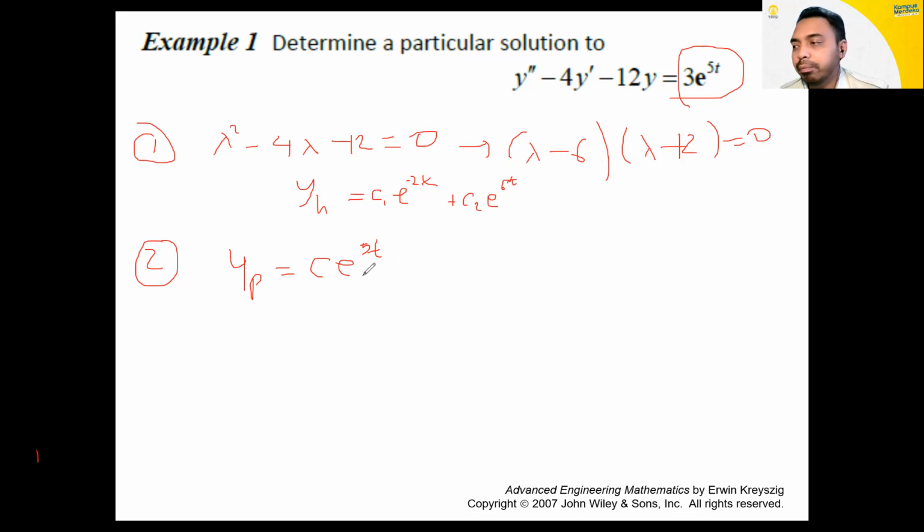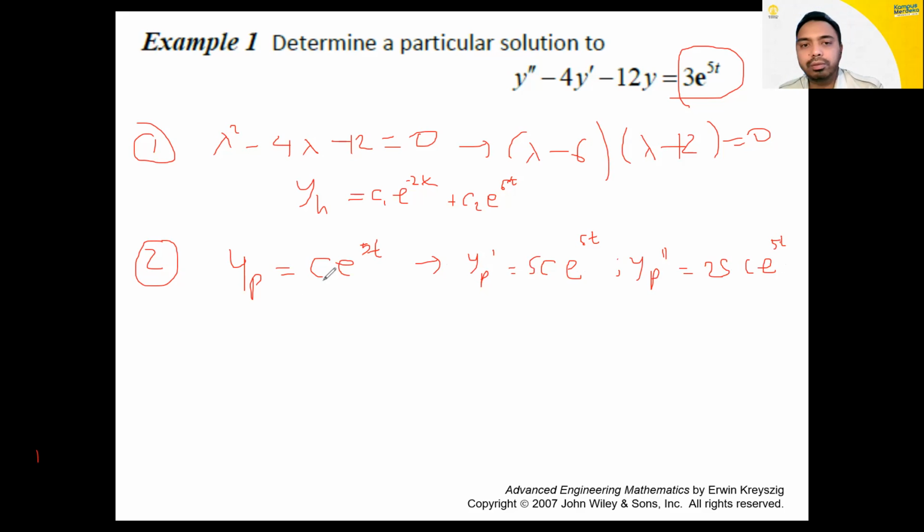So this will become the basis of your YP solution. But we need to find what capital C is in our case. Then you do the same thing, you find the derivative YP prime, which becomes 5C e to the power of 5t, and then YP double prime becomes 25C e to the power of 5t.